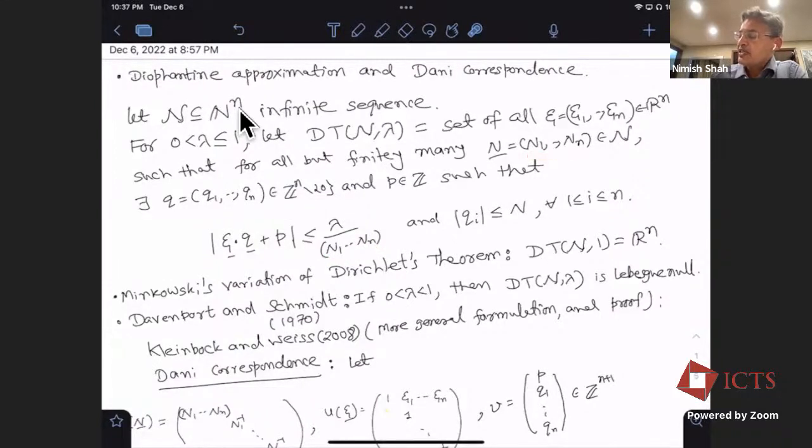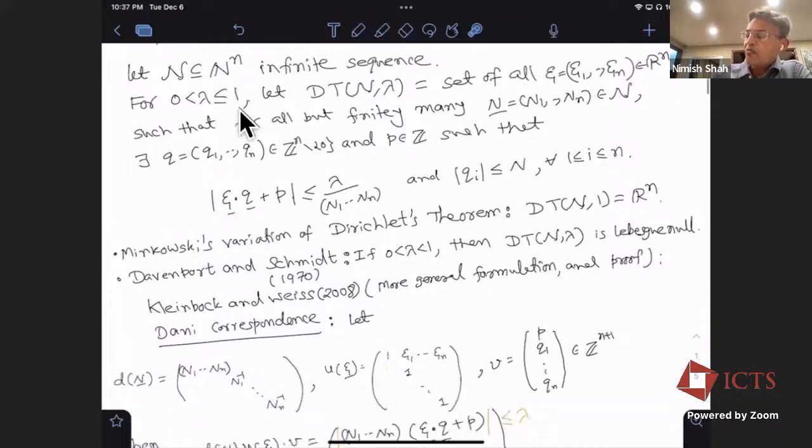And you put a condition that all the coordinates of Q_i should be less than or equal to n_i. So under this condition on Q, you want to approximate this C by some kind of form.